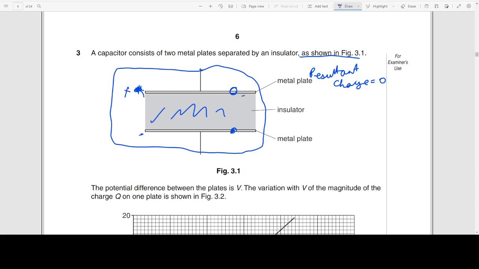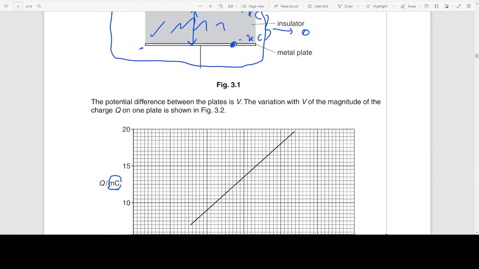So let's say it's plus x on this and minus x coulombs. The total is zero, so a capacitor cannot actually store charge. What it does is create an electric field, but to set up this electric field, charge separation is required, and to separate those charges, energy is required. So this energy is what the capacitor stores.